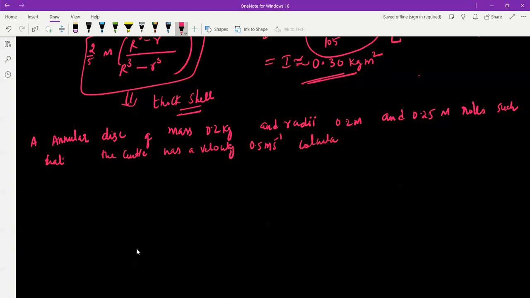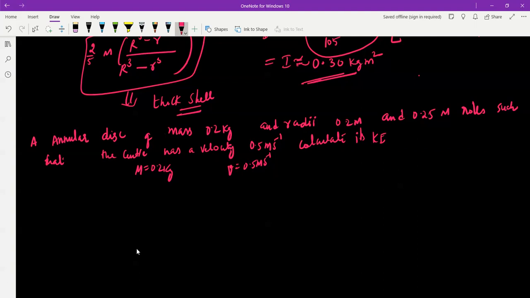Calculate its kinetic energy. So they have given mass is equal to 0.2 kg and velocity is 0.5 meter per second. Calculate its kinetic energy.